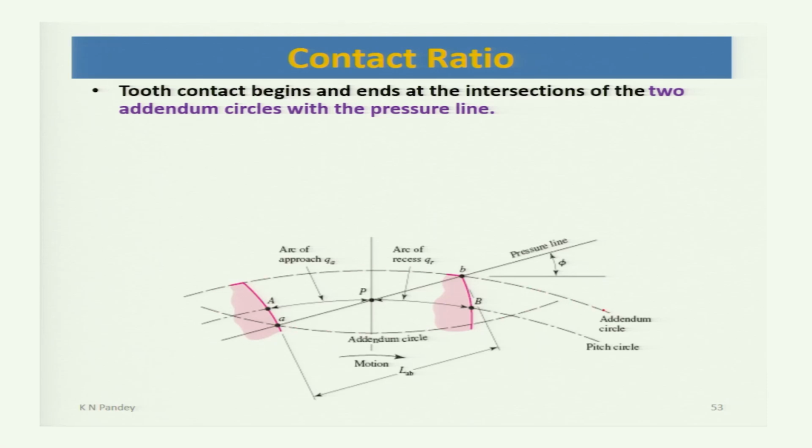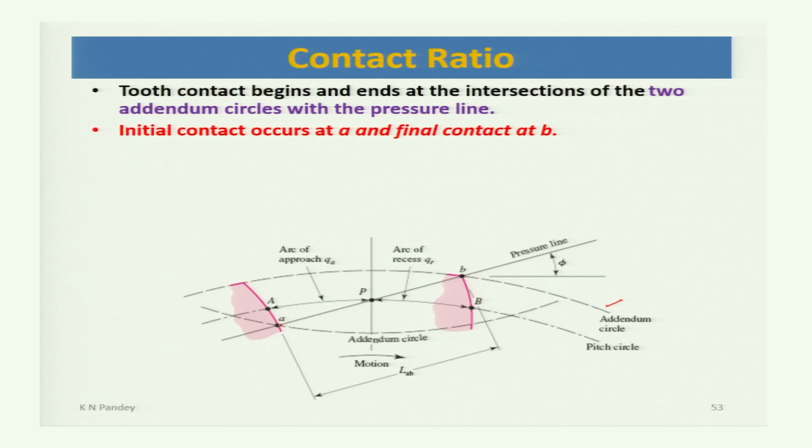This is the addendum circle of one gear, and this is the addendum circle of the other gear. This is the line of action. Where this line of action intersects these addendum circles, along that there will be contact. So, this AB is the contact.